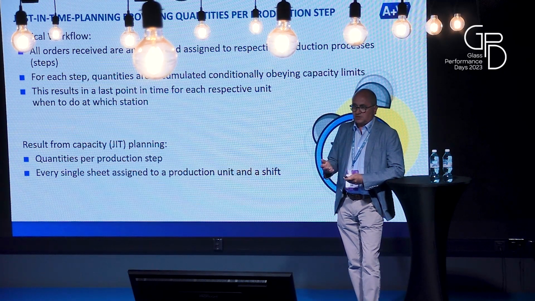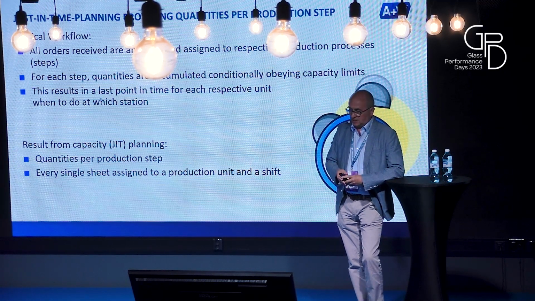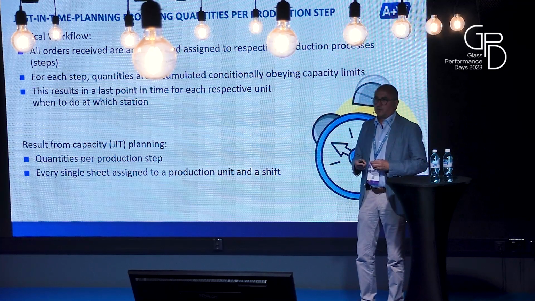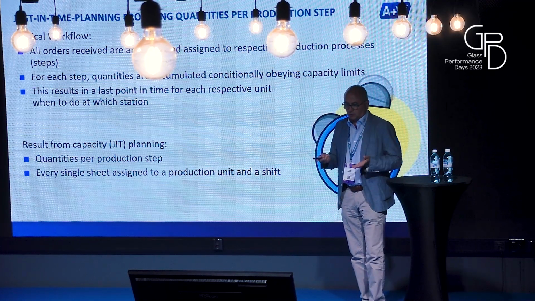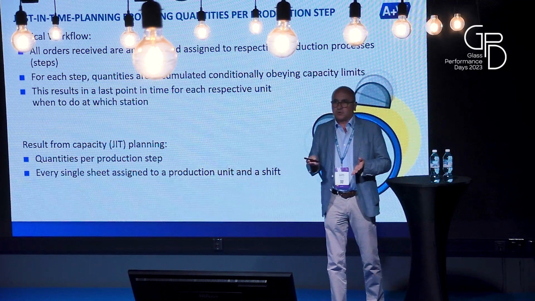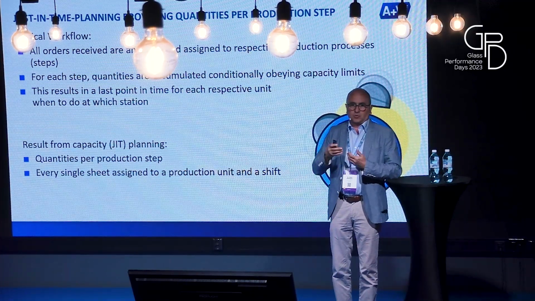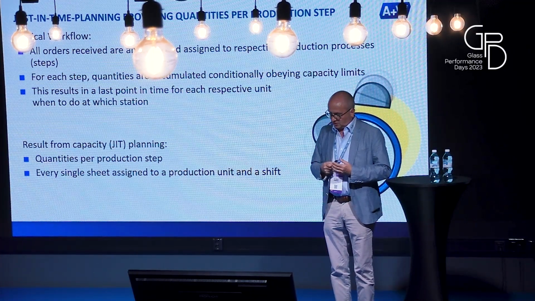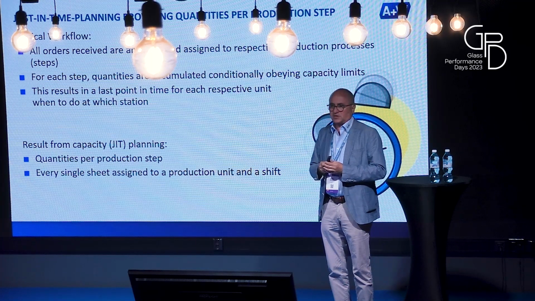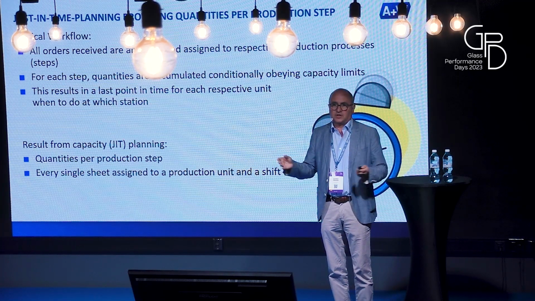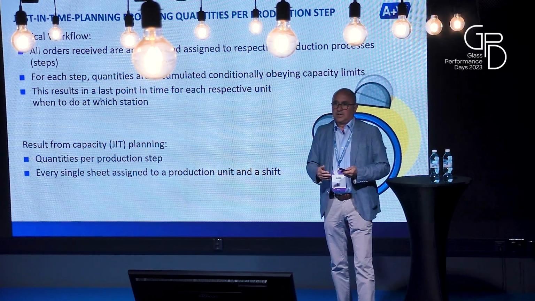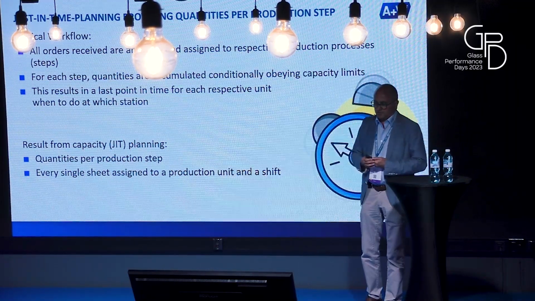So all these pieces have to be analyzed, they have to be organized, they have to be assigned to respective production processes, and for each process the quantities have to be accumulated. Then things come into account like capacity limits, that you cannot do an infinite number on a furnace, for example. You have to obey certain rules.